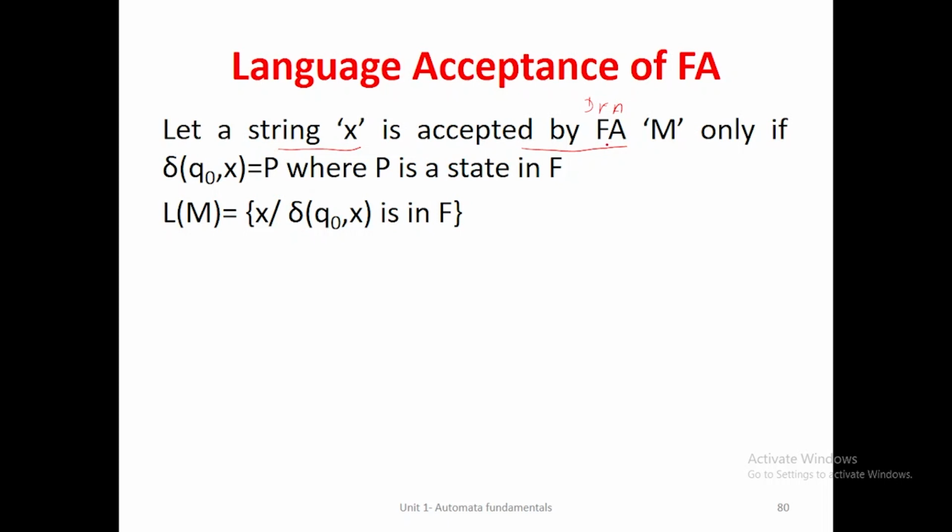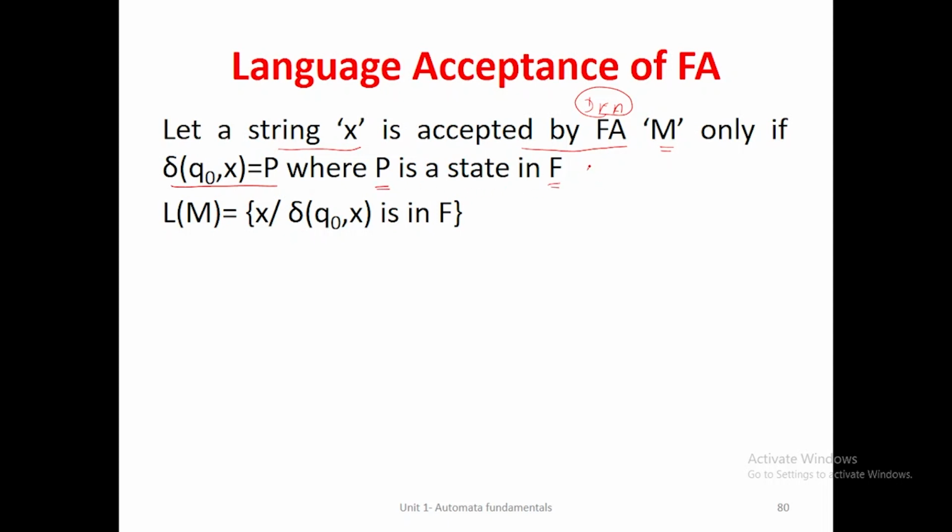So wherever finite automata is mentioned, by default it means DFA. That finite automata is M. I say that the string X is accepted by finite automata if and only if the transition function delta-hat of q0, X is equal to p. What does p mean? p is a state in the final states.